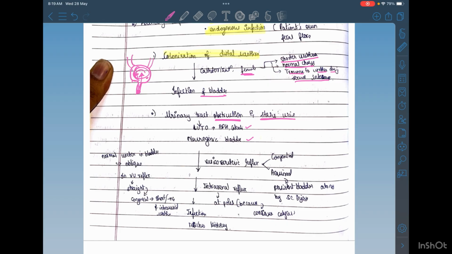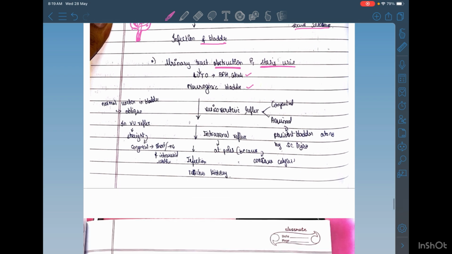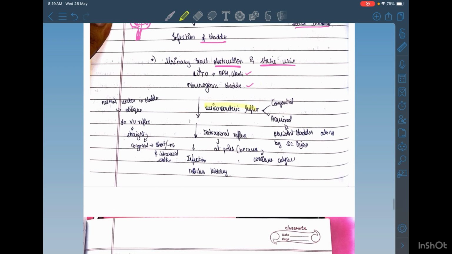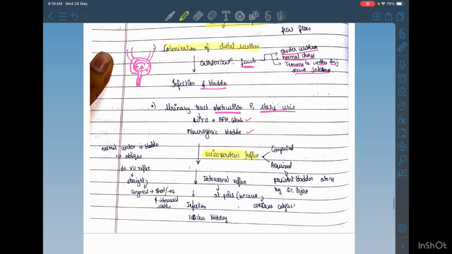Next step is ascending into the ureter. It ascends through vesico-ureteral reflux. Normally the ureter is oblique and long. So the intravesical part of the ureter is oblique and long.